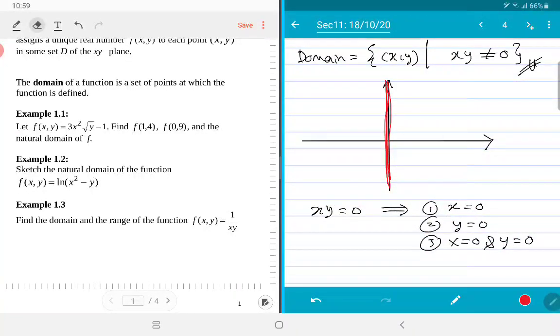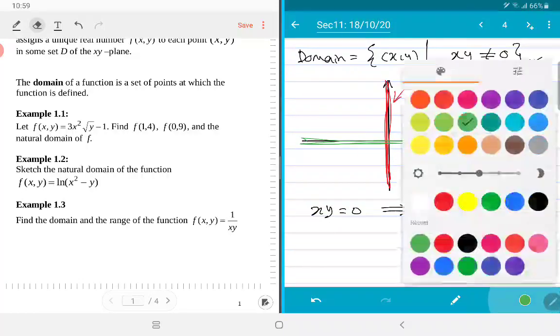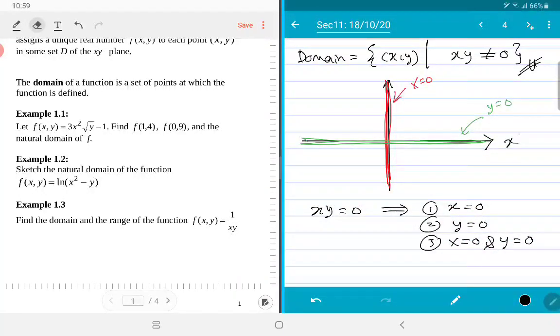And y equals 0 would be everything on the x-axis. I forgot to put the axes: this is the x-axis and this is the y-axis. And x = 0 and y = 0 would be the origin.